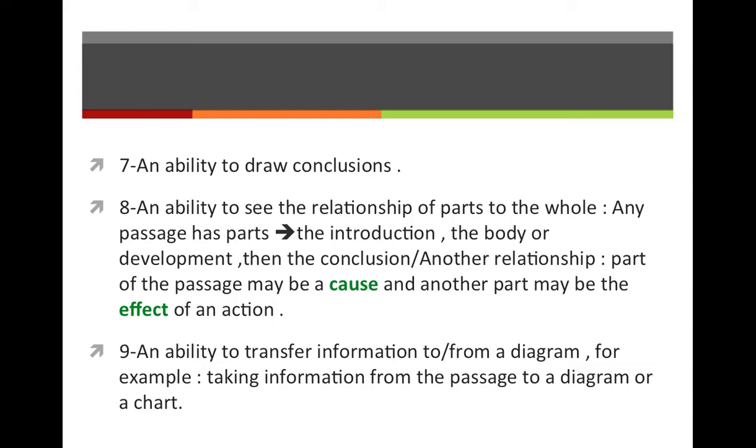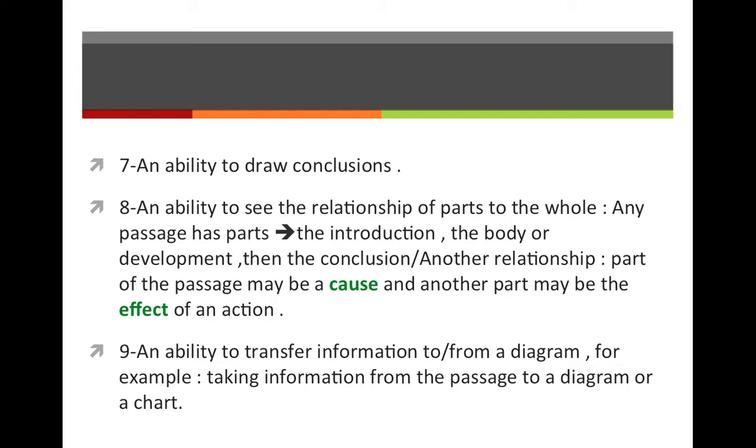The ninth ability or cognitive skill is the ability of transfer. We talked about the transfer and the transcode when we were talking about techniques. You remember? So transfer generally means when you take something from one place to another, from one location to another.